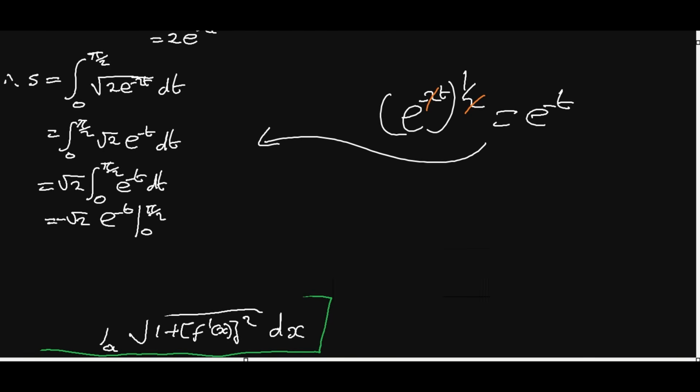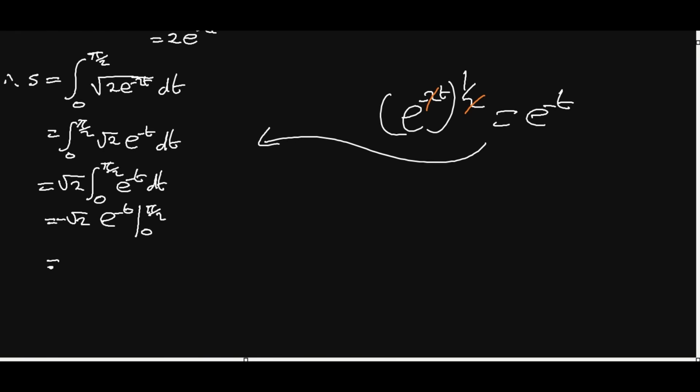Right, so erase here. This is equal to minus square root 2, which will be common, as we apply the limits: e raised to minus t with t as pi over 2, now we are substituting, and e raised to 0, still 1.